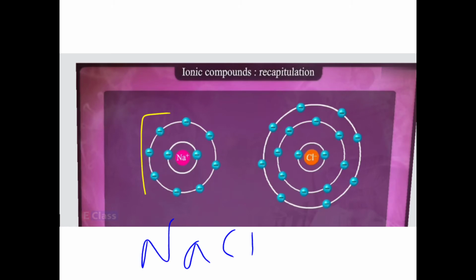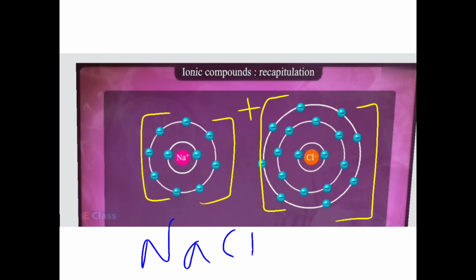Now, as you see here, children, one electron has gone, so this will have the plus charge, and here it will have the minus charge, right? So this is the cation and this is the anion.